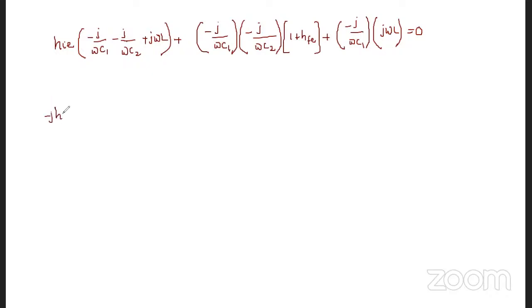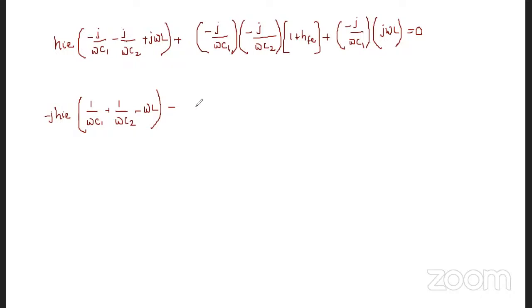So we'll get minus j h_ie, and then it will be 1 by omega C1 plus 1 by omega C2 minus omega L, right? Then in the second one we have taken j, so minus.